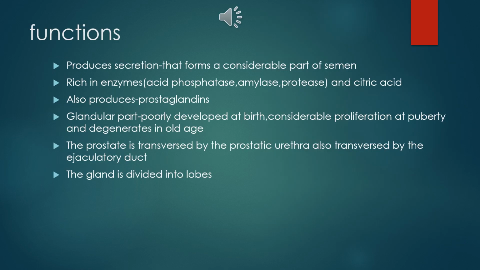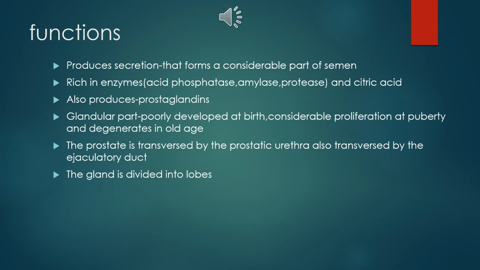Some important functions of the prostate: it produces secretions that form a considerable part of semen. It is rich in enzymes and citric acid, enzymes like acid phosphatase, amylase and protease. It also produces prostaglandins.